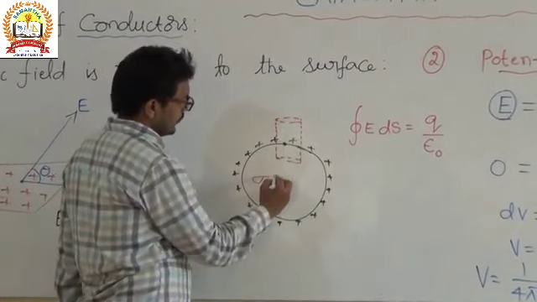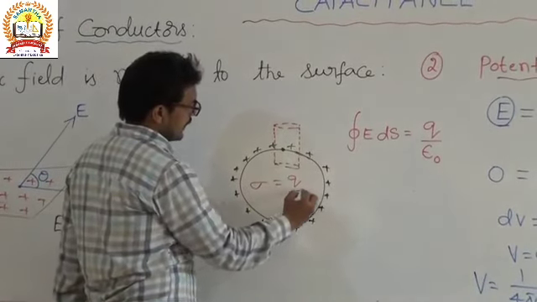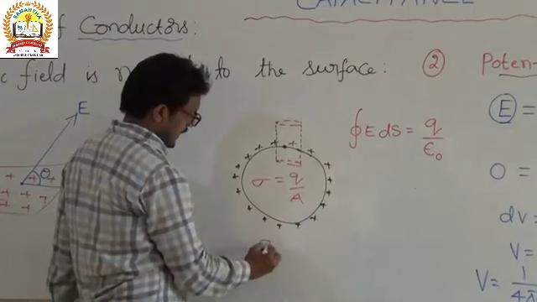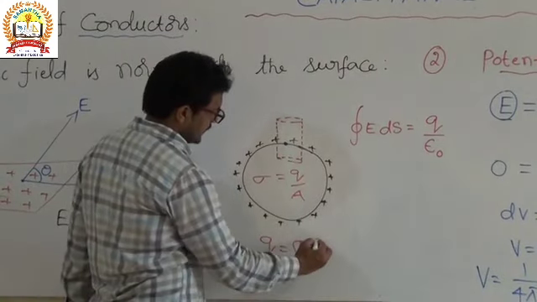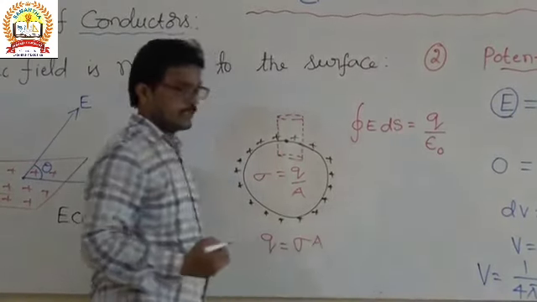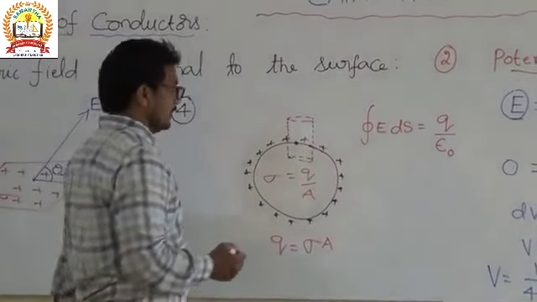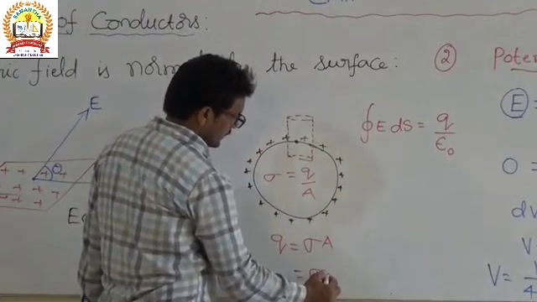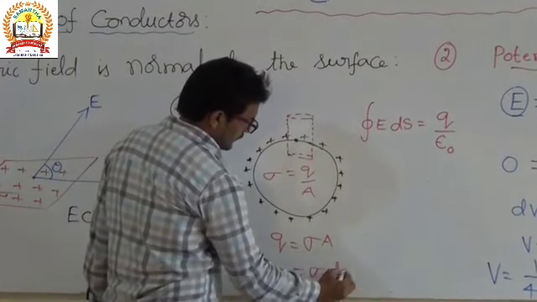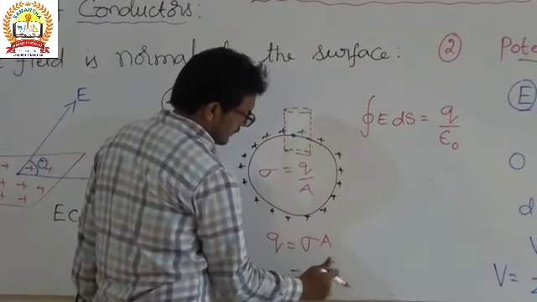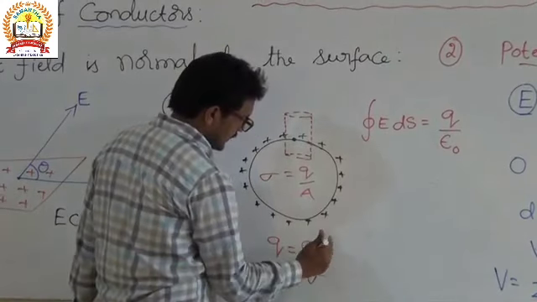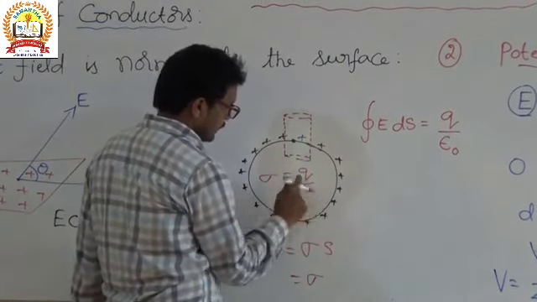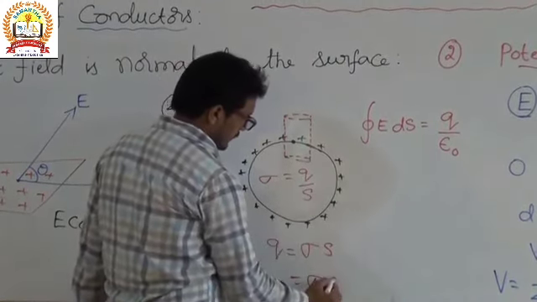We know that the surface charge density sigma equals Q by A, so the charge equals the surface charge density into the area. Here I use S for the surface area to avoid confusion.